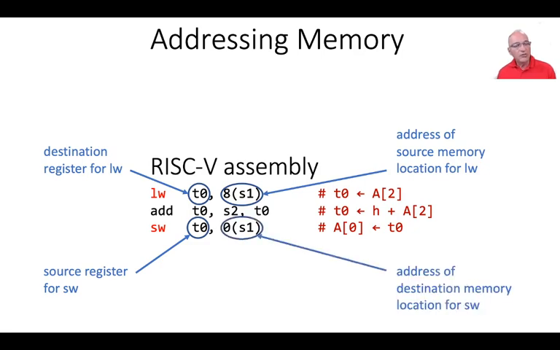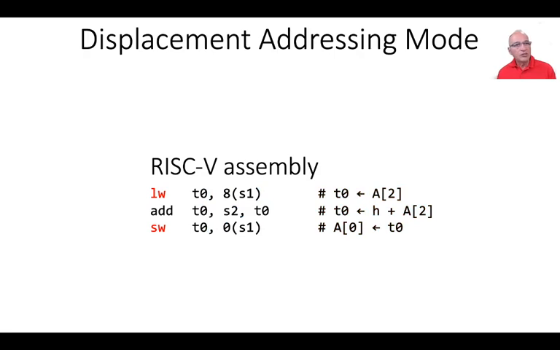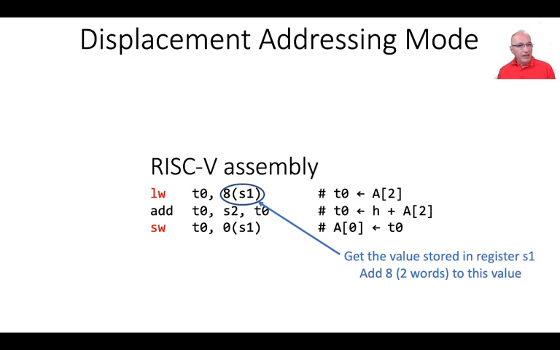The destination is in memory. The address of the destination is given by 0(S1) in this case. So this is called the displacement addressing mode. What that expression does is get the value stored in register S1, add 8, which corresponds to 2 words, to this value, and then the result is used as the address for the load instruction.